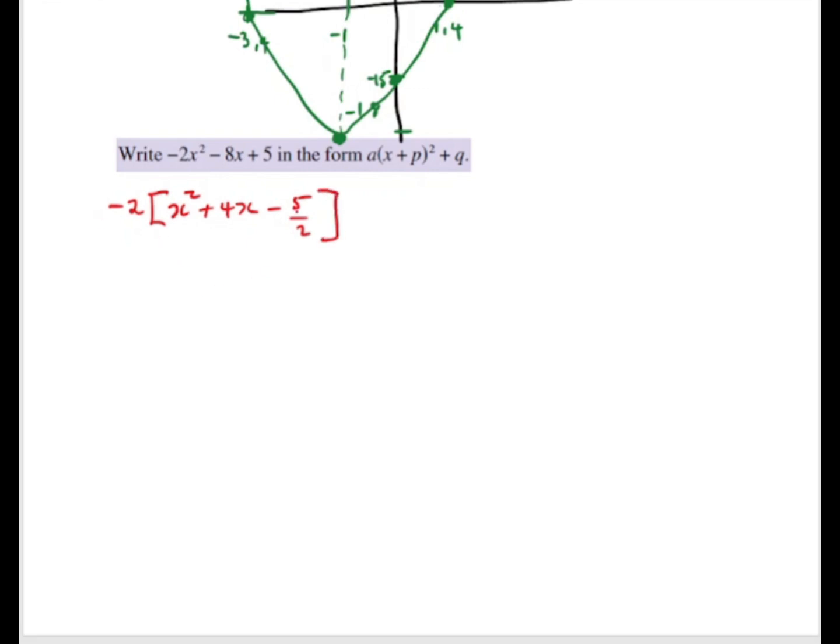Right, so once we work out this one, what we need to do is write the inside one in a completing square format.